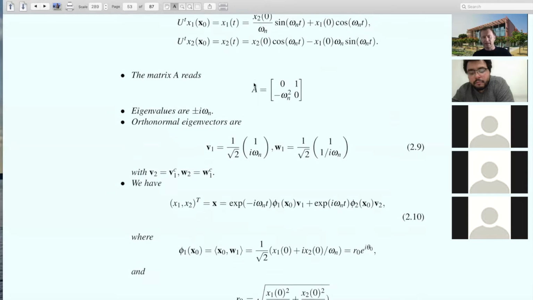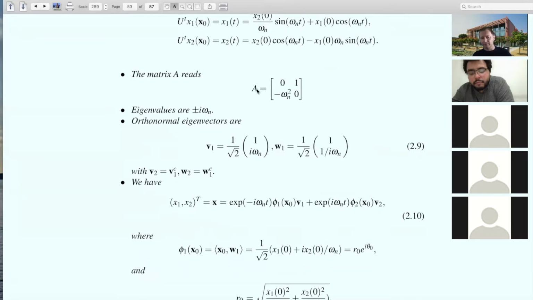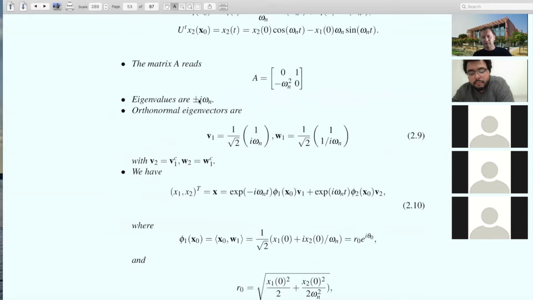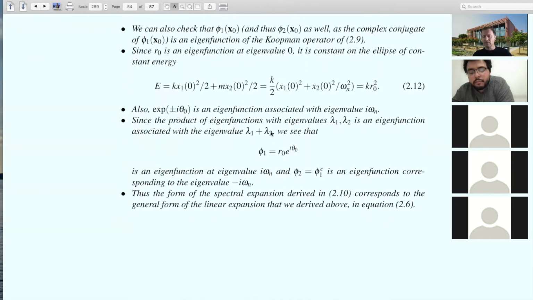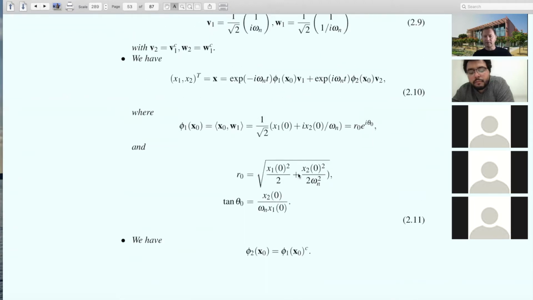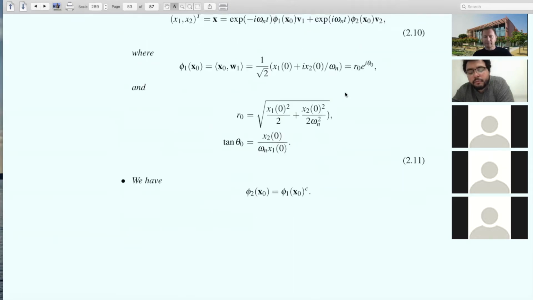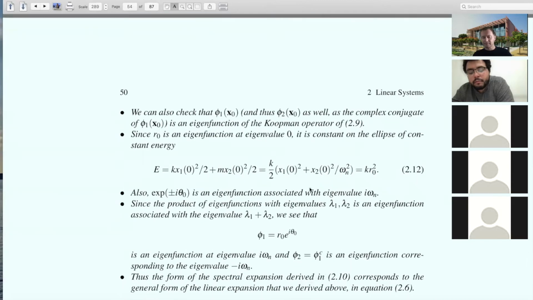And remember, the eigenvalues of the matrix are the eigenvalues of the operator. So yes, if you have I omega n and minus I omega n as eigenvalues of that matrix, they're also going to be the eigenvalues of the operator. And what is interesting is that the phi 1 and phi 2 that play a role in our spectral expansion solution are products of eigenfunctions.